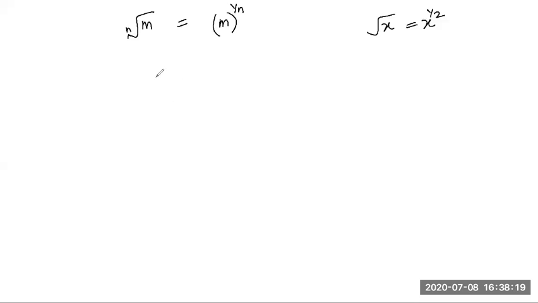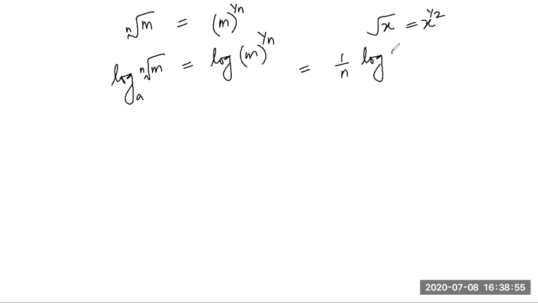So now, students, I'll take log on both sides. So I'll take log to the base a of the nth root of m. I'll take log of the right side also, it will be m to the power 1 by n. Very right. So this is equal to, now this power will come to the front, 1 by n log m to the base a.